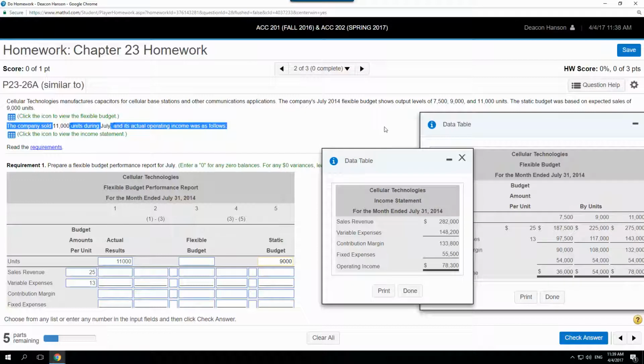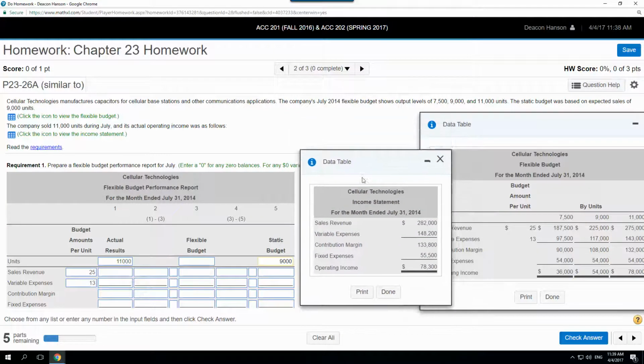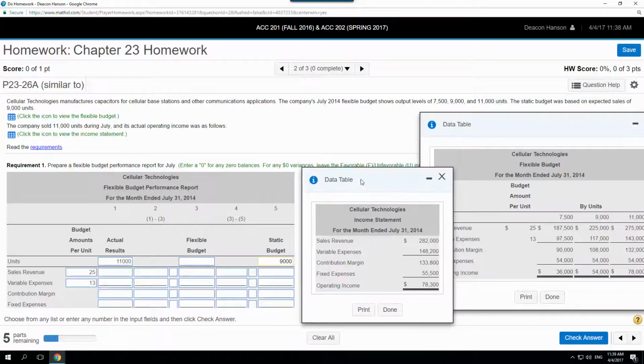Okay. Then what we need to do is we need to populate this with the information that we have available. We'll start populating our performance report, right? What we're going to do is we're going to be comparing actual results to both the flexible budget and the static budget. Now the flexible budget is going to be based on actual units, okay?